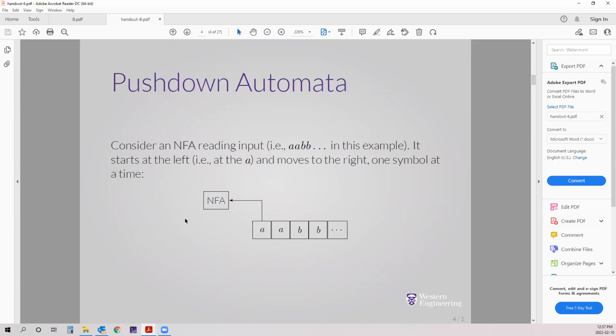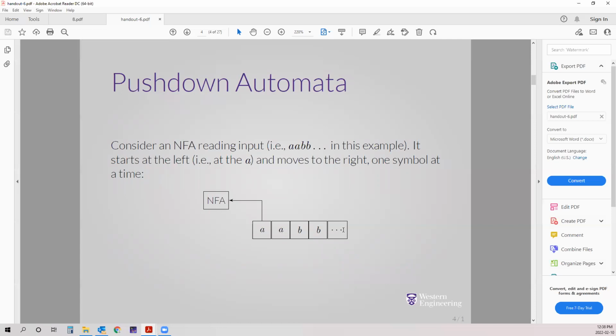Consider an NFA reading input AABB. In this example, it starts at the left at the A and moves to the right one symbol at a time. So if we have an NFA, we read the A, then we move one step, then B, then whatever else we are reading.